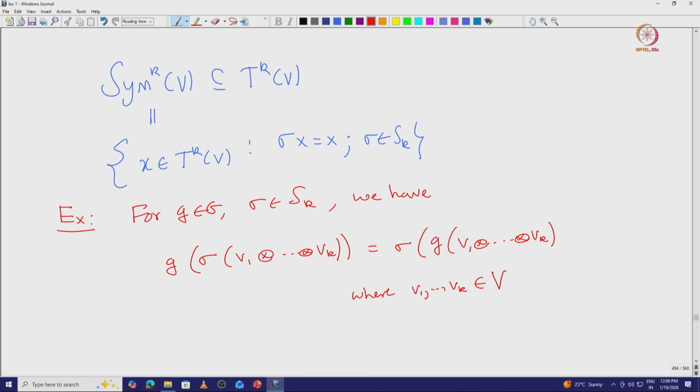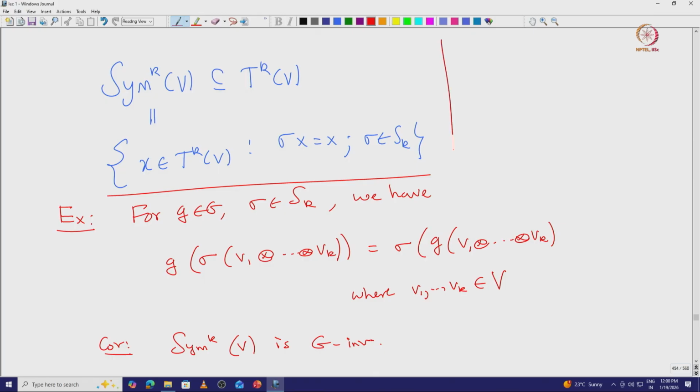Since these two actions commute, it is easy to see that the fixed point subspace under the action of S_k is going to be G-invariant. So, as a corollary, one can easily see that Sym^k(V) is indeed G-invariant, which tells you that it is indeed a subrepresentation.